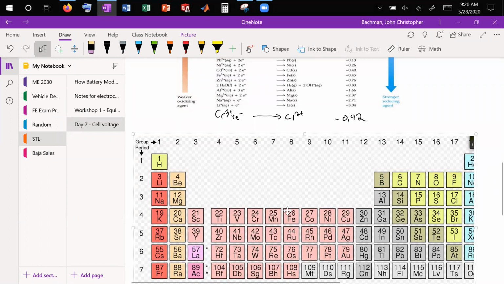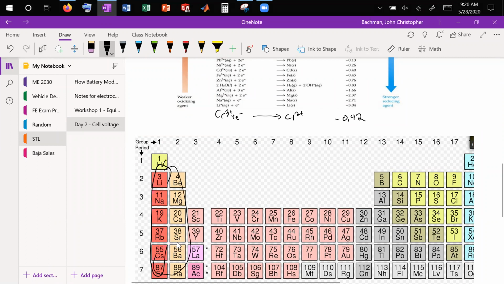Right, so these elements over here, most of the stuff on this side, they want to lose their first 1 or 2 electrons, right?